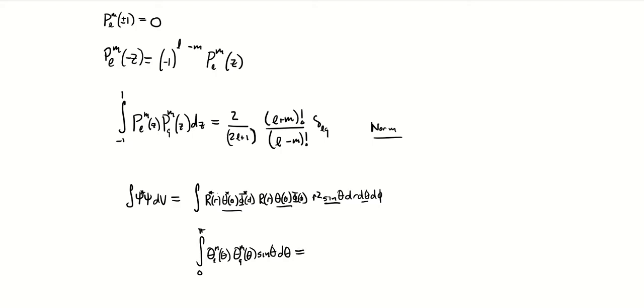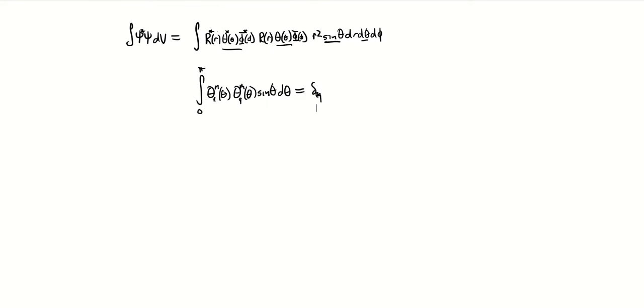We're going to want that to be equal to 1 or the delta Q there. And that means our normalized polar functions are going to look like this.